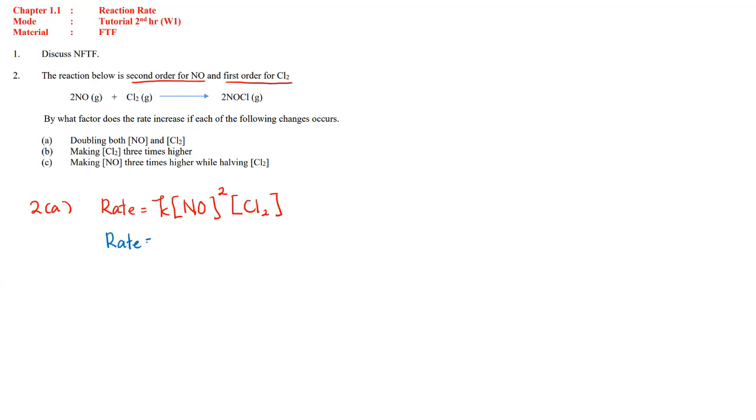Okay, so rate, kita nak kira rate, kita nak tentukan rate ni sekarang. Kita nak predict rate tu akan increase berdasarkan berapa faktor, right? So K remain constant, tulis times concentration of NO is double, 2 NO power of 2 times, and also concentration of chlorine gas is double.